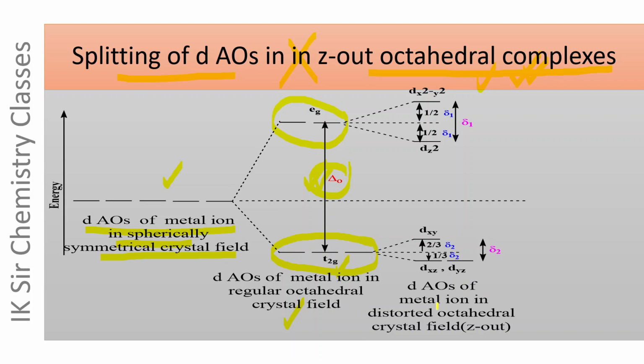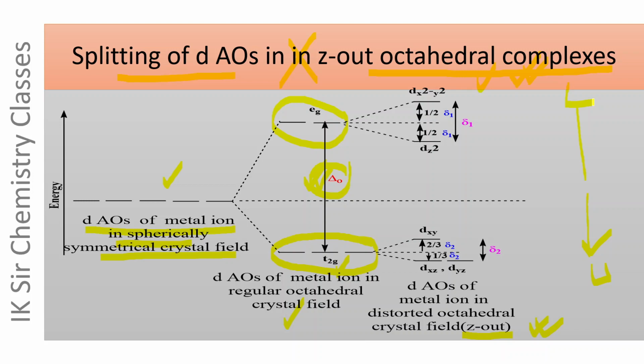These are d atomic orbitals of the metal ion in distorted octahedral crystal field with Jahn-Teller out. If the ligands on the Z axis move away from the central metal ion, the orbitals containing Z component have lower energy, because the ligands on the Z axis have moved away from the central metal ion.